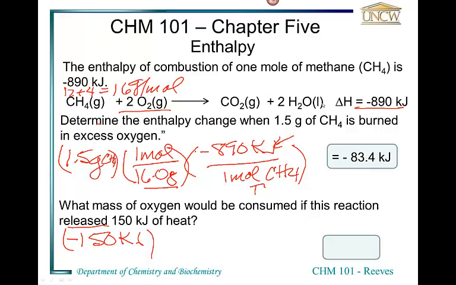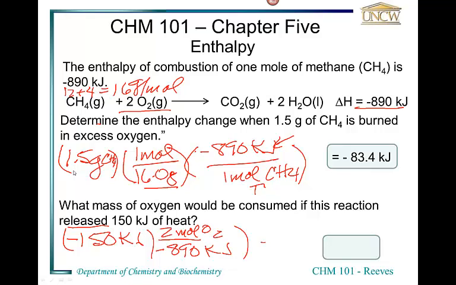So I can write that in to convert between energy and amount, but I'm going to put the energy on the bottom, so kilojoules will cancel, and I'm going to put 2 moles of O2 on the top. So this is now telling me how many moles of oxygen will be consumed when 150 kilojoules are released.